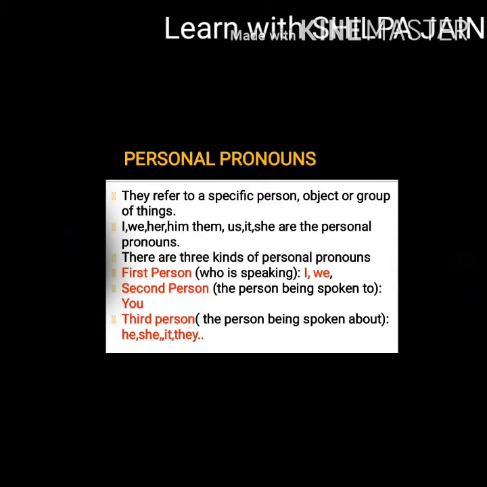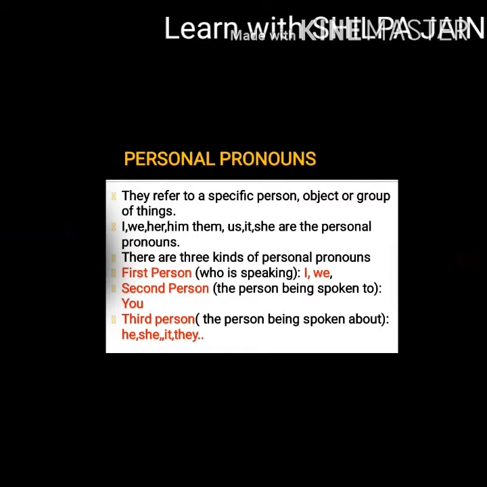Now, personal pronouns refer to a specific person or object or a group of things. Now, I, we, her, him, they, us, etc. are the personal pronouns. Now, why are they called personal pronouns?